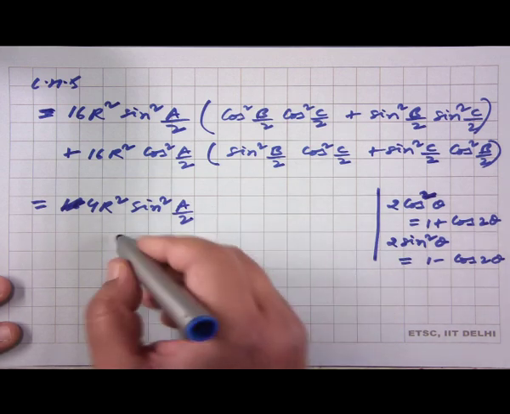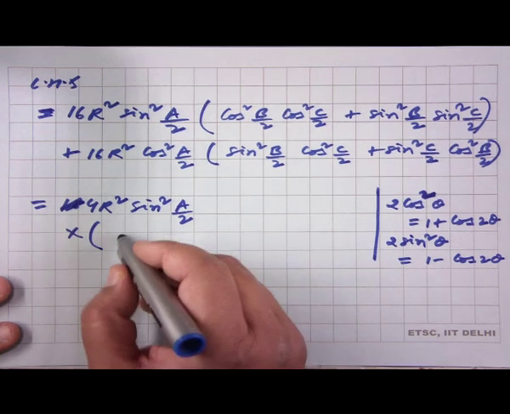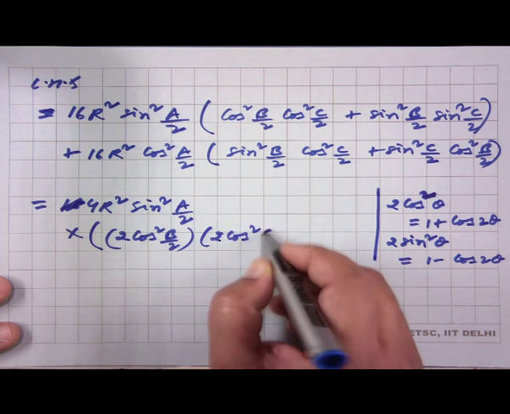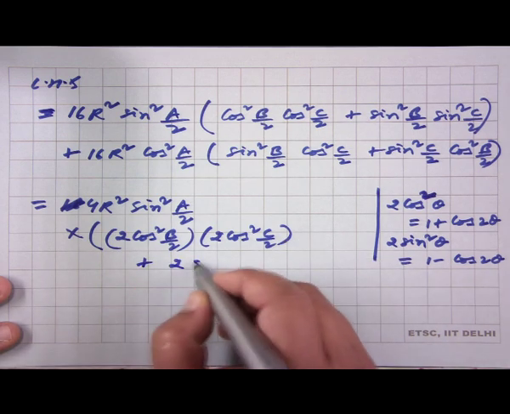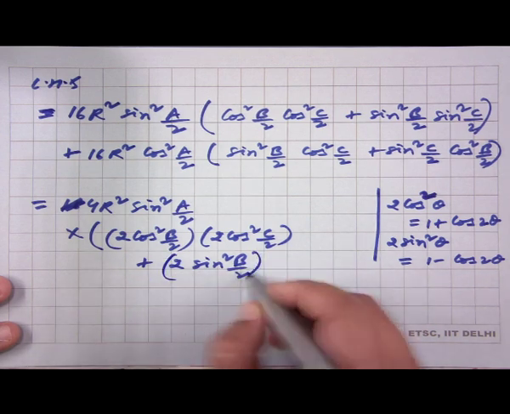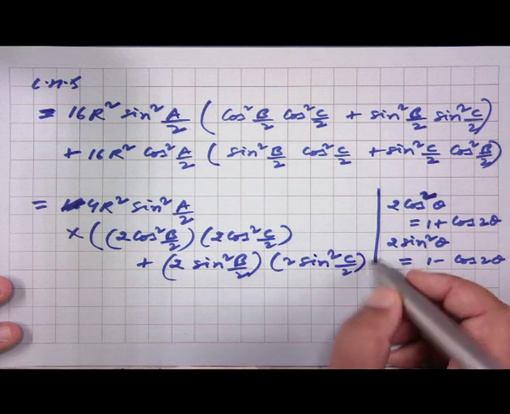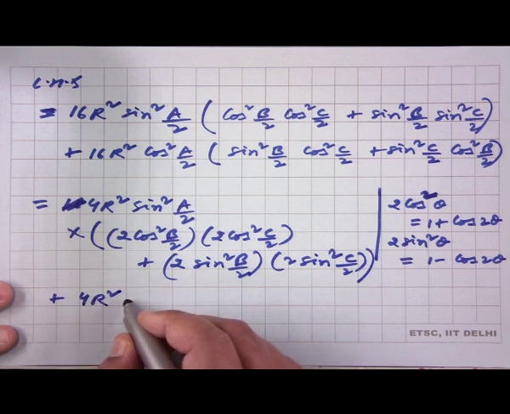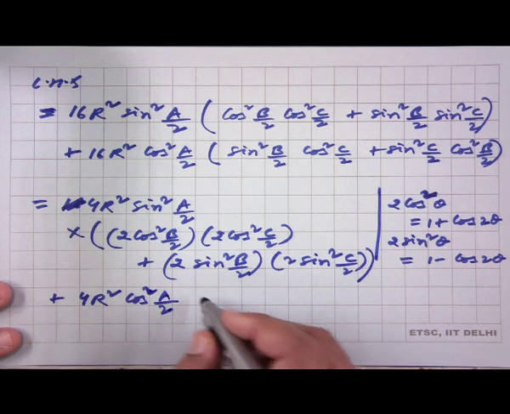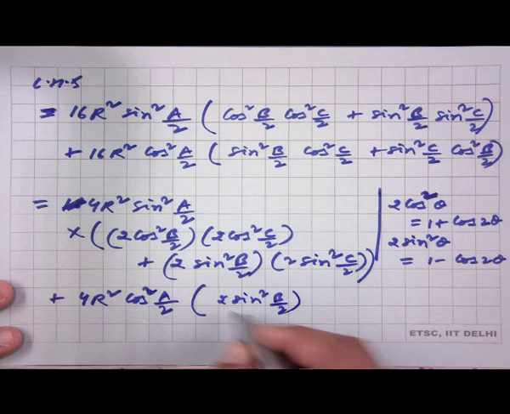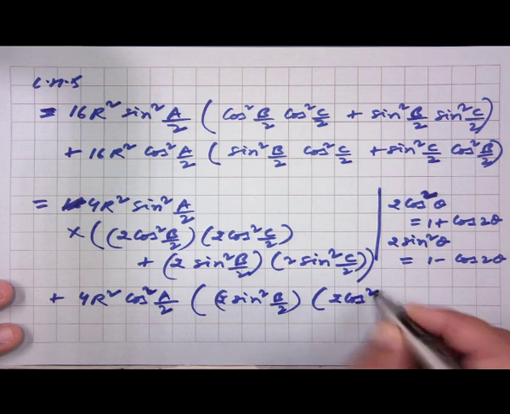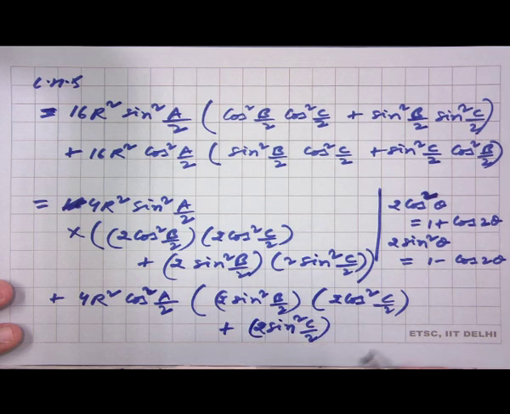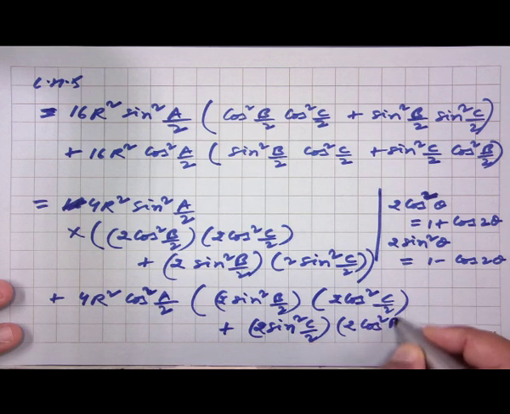sine square A by 2 times, plus 2 sine square B by 2 times 2 sine square C by 2, and similarly for the other term also, which will be 4r square cos square A by 2 into 2 sine square B by 2 into 2 cos square C by 2, plus 2 sine square C by 2 times 2 cos square B by 2.